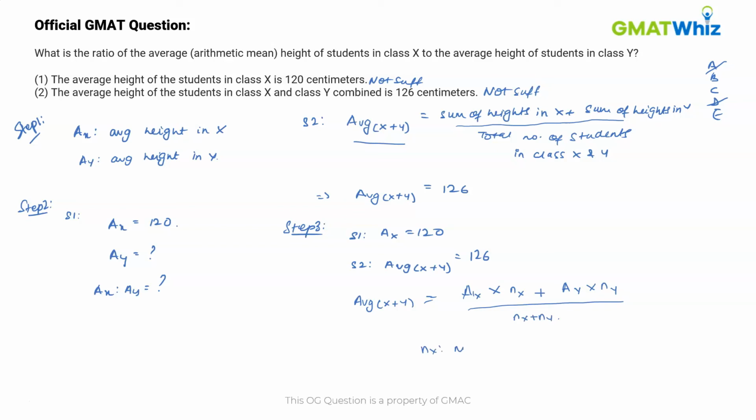Here, Nx denotes the number of students in class X and Ny denotes the number of students in class Y. So even if we have the value of the average of both the classes combined and the value of AX, we still don't have the value of AY, NX or NY.